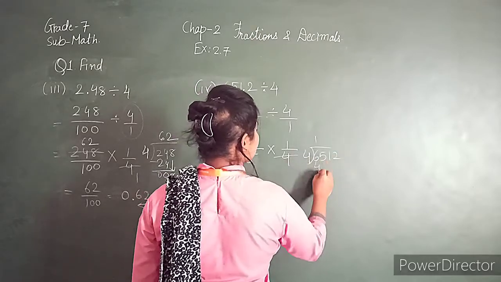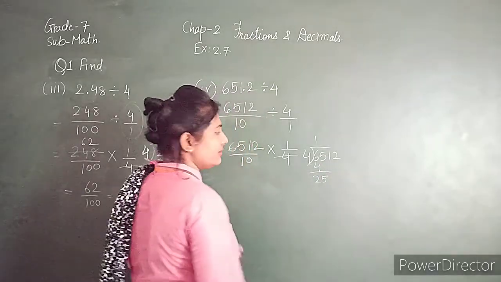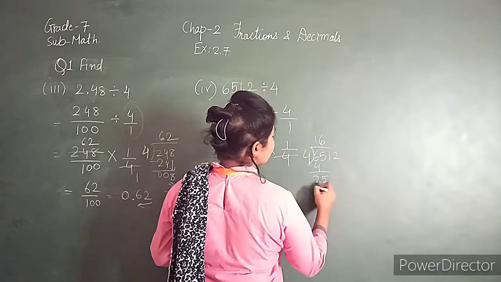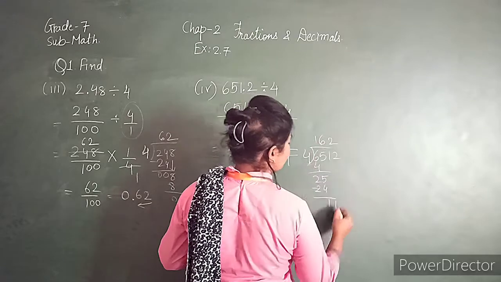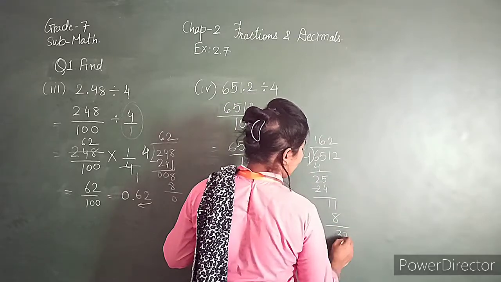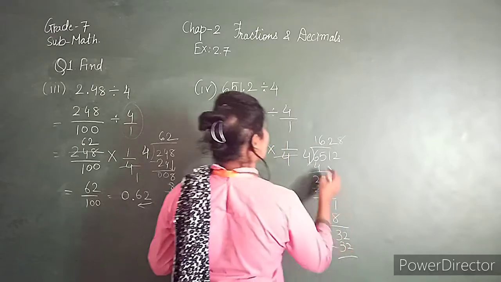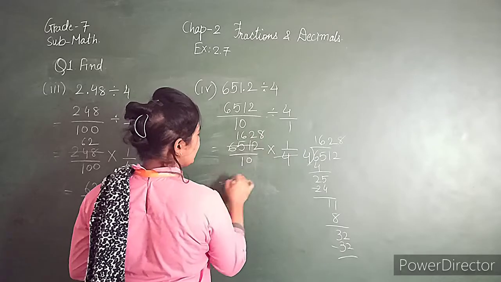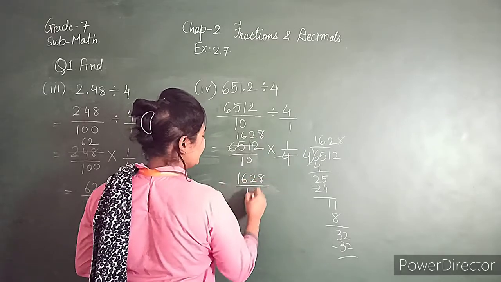So 4 1 side is 4, here 2, and take 5 over here. Now 4 6 side is 24, 4 2s are 8, 4 8 side is 32. So 1 6 2 8. So it is 1628 upon 10.